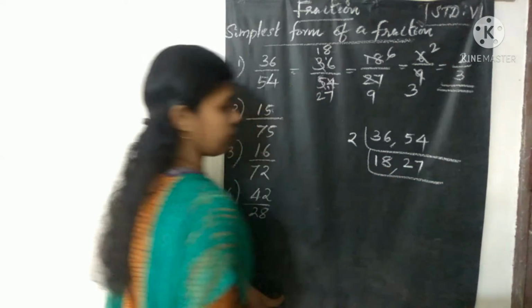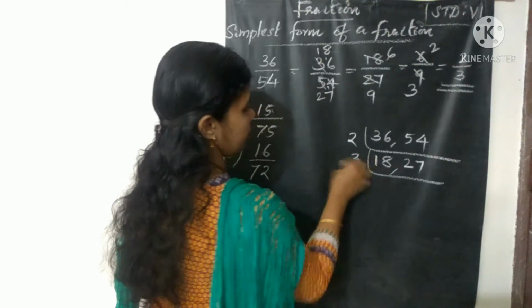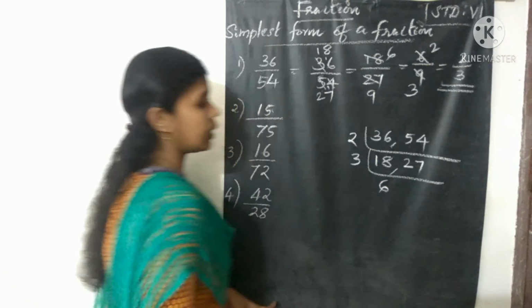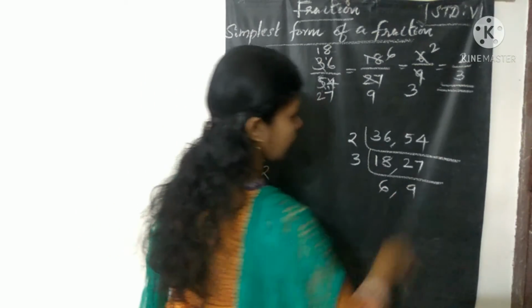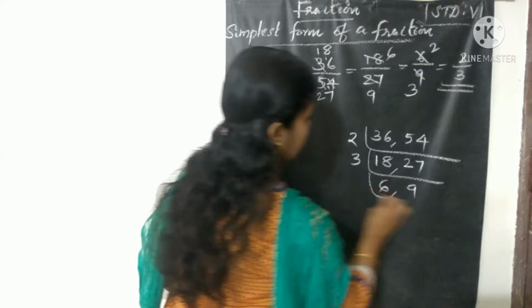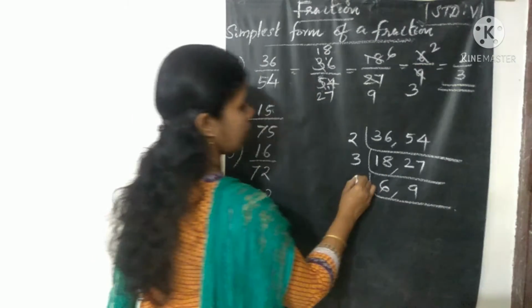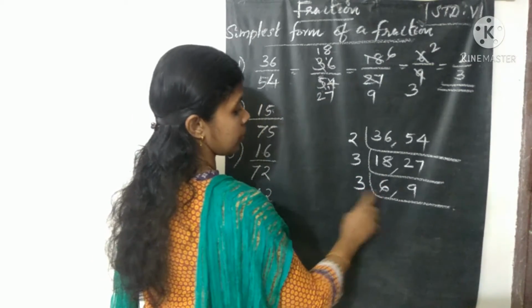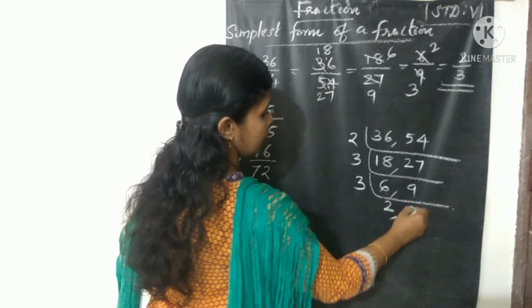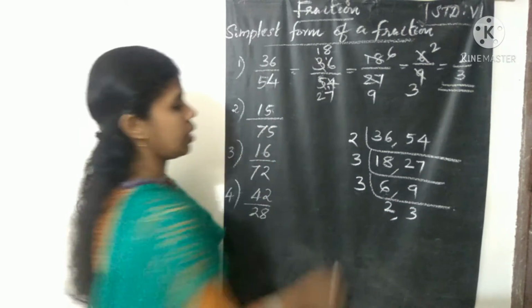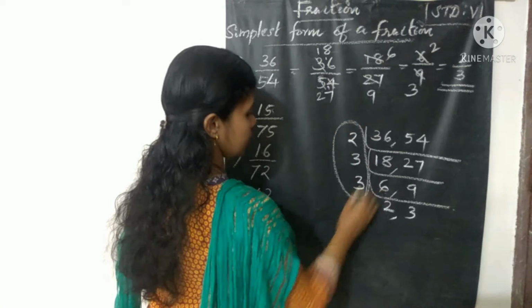Then what is the common factor? 3. 6 3's are 18. 9 3's are 27. Okay. Then next what? 3. 2 into 3, 6. 3 into 3, 9. Okay. So this is the HCF.